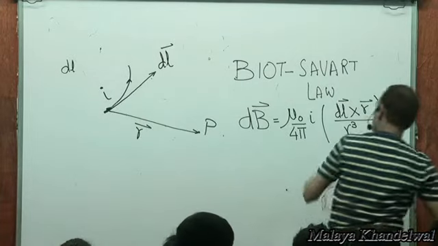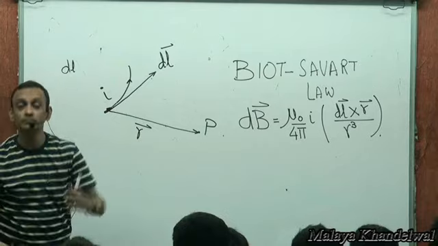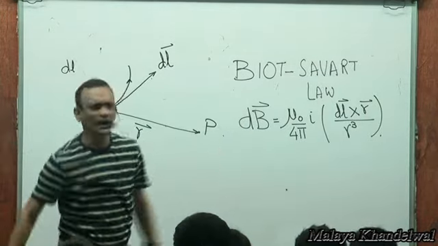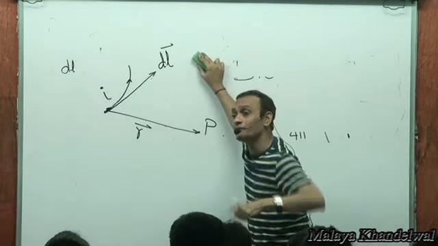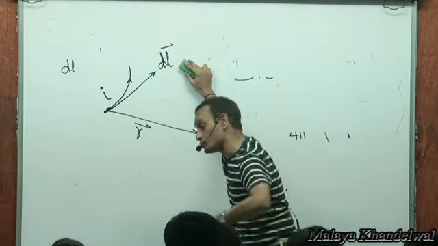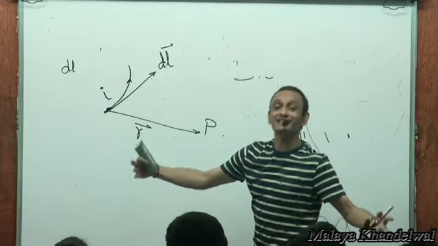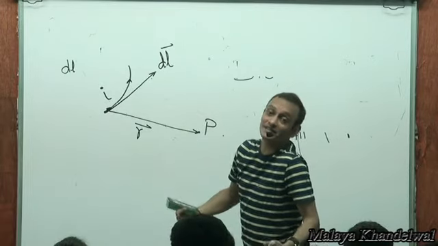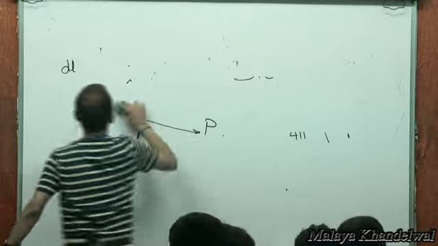Now, this is by a small element dl of a conductor, right? Suppose we had a finite conductor. Then every element of that conductor would produce a magnetic field at a point P, and then we would have to undertake responsibility to vectorially add the dBs produced by various dls. Either vectorially add, or if all the dBs are in the same direction, add them like I add scalars, right?